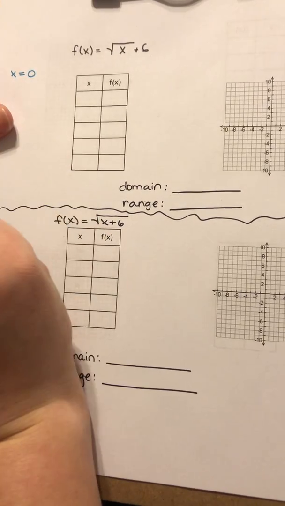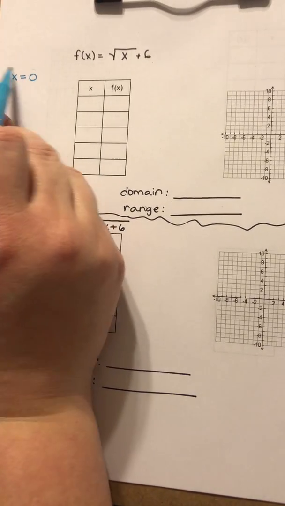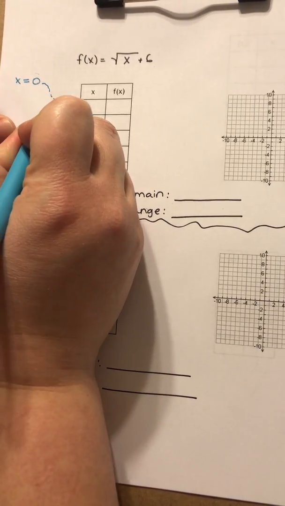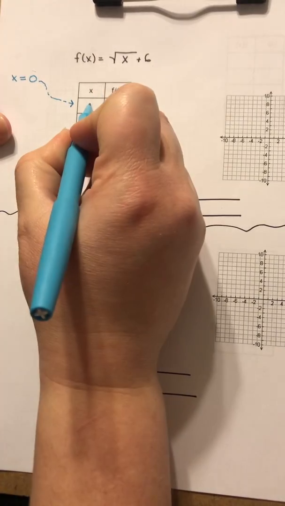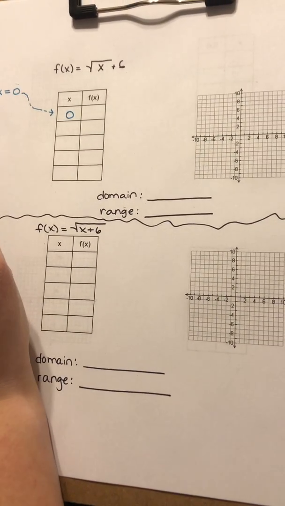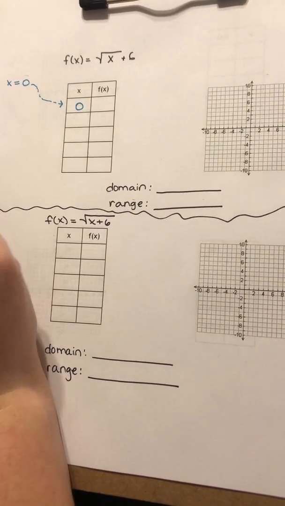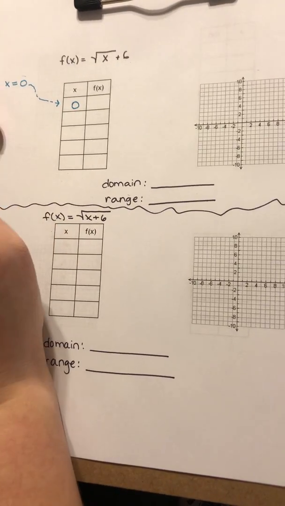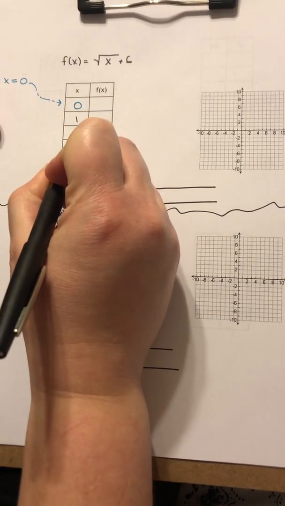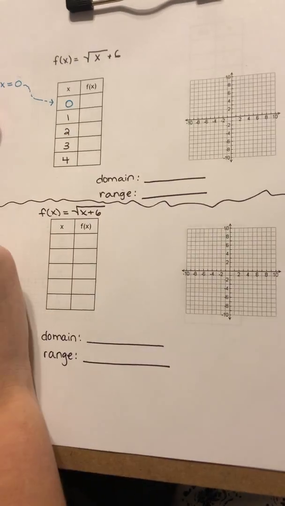So x equals 0. That equation's already solved. We don't have to do anything to solve it. So that is the x value that we're going to put as our starting value in our table. And then from there, we're just going to count up from 0 to fill in the rest of our x values: 1, 2, 3, and 4.